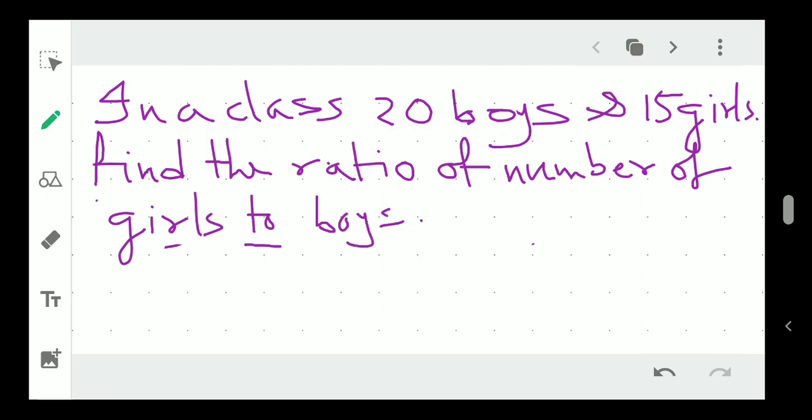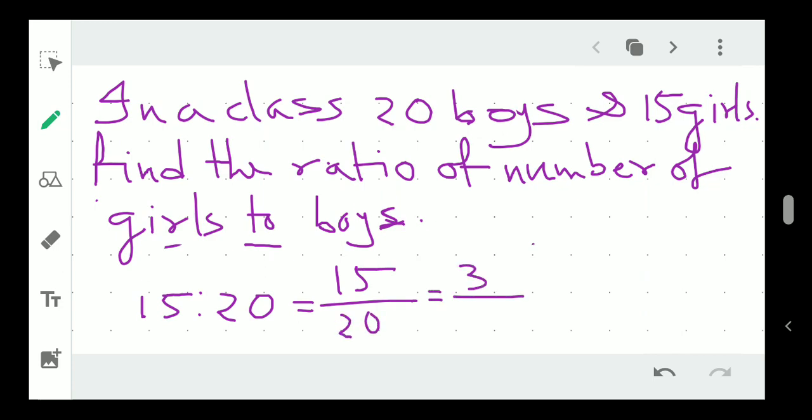In this case the ratio will be 15 is to 20. That means the boys' number will be after the symbol. So this will become 15 by 20, which after simplification is 3 by 4, that is 3 is to 4. Okay, so this is the situation.